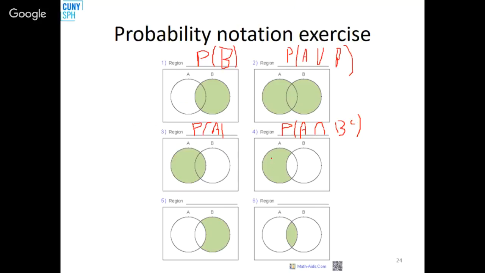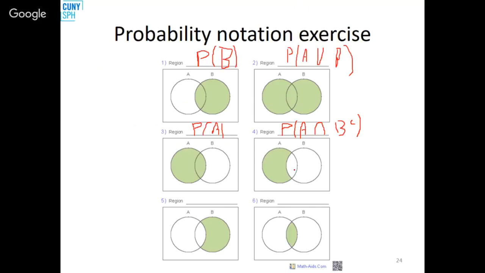I think it's actually A intersection with B complement. The probability of A conditional on B complement, I'm not sure how to represent that in the Venn diagram, because it would be this area divided by everything outside of B. So there's a normalization in there.